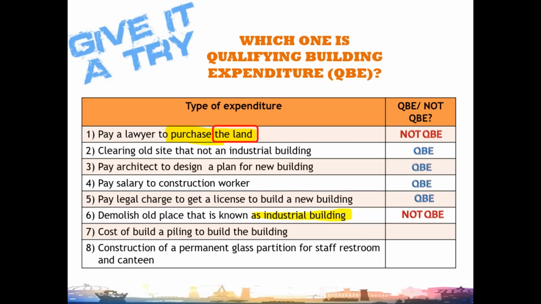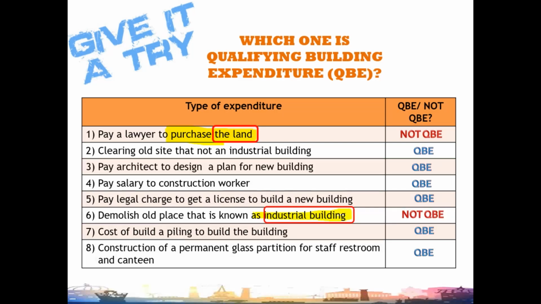Number 7, cost of building a piling to build the building. This is part of constructing a building, so it is QBE. And number 8, construction of a permanent glass partition for the staff restroom and canteen. This is QBE too.